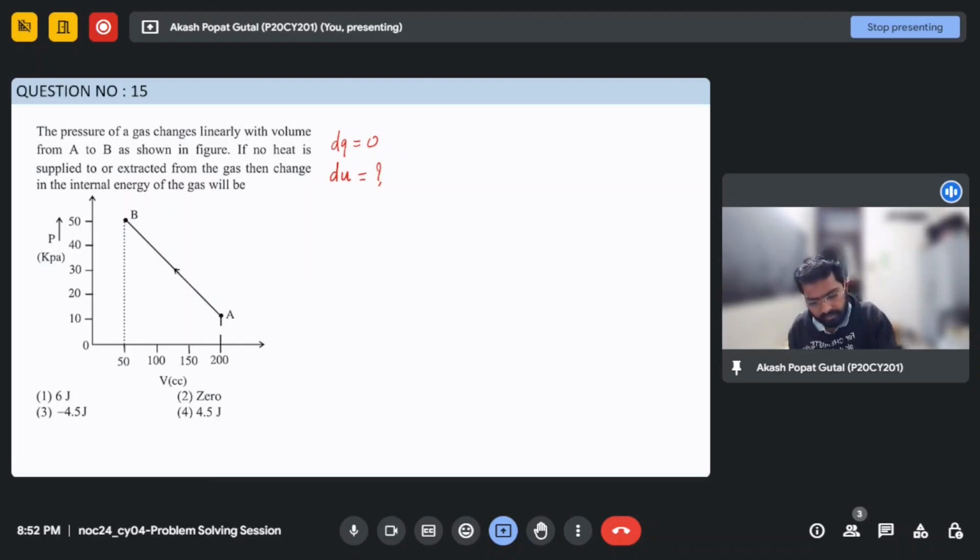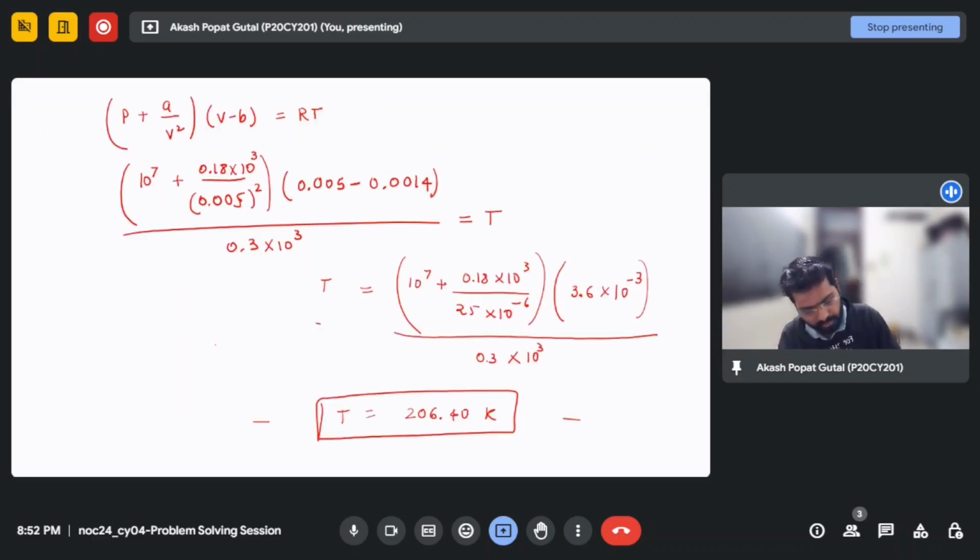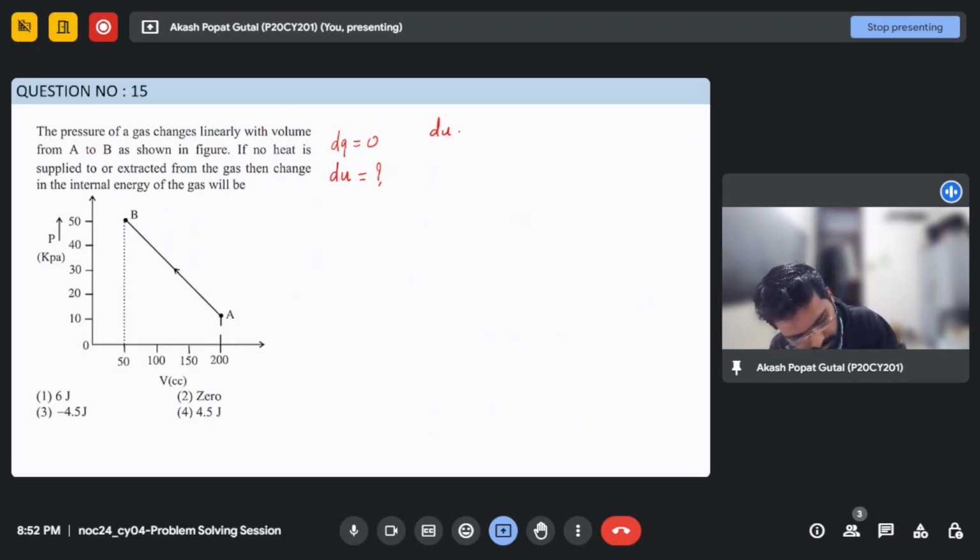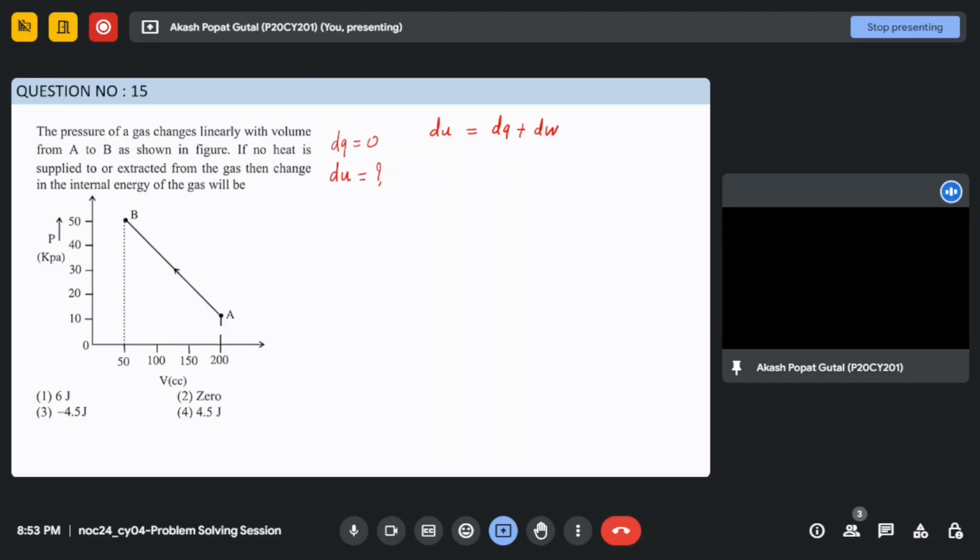When you are given a pressure and volume graph, we know the first law of thermodynamics, dU equals dq plus dw. As you can see in the given question, the system is going from A to B, which means higher volume to lower volume.